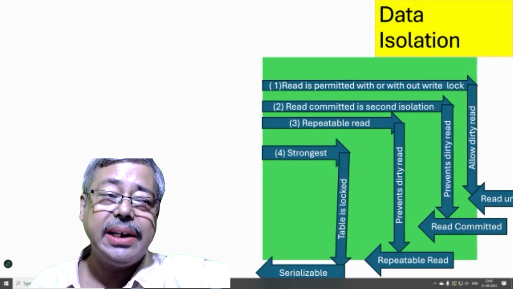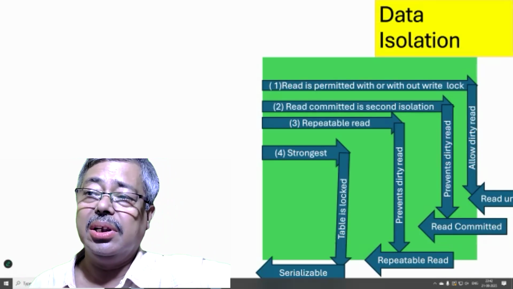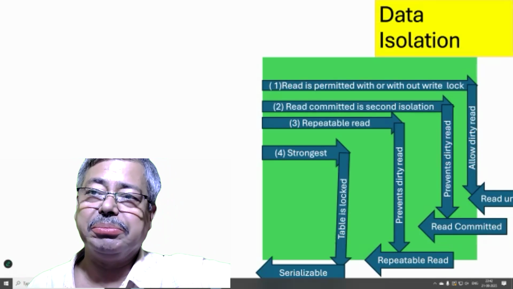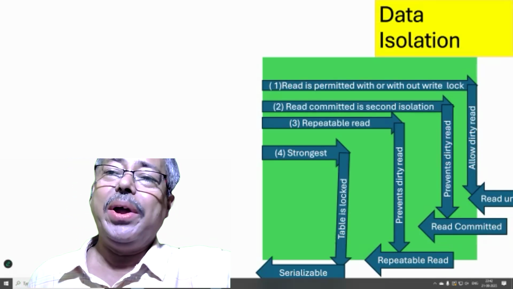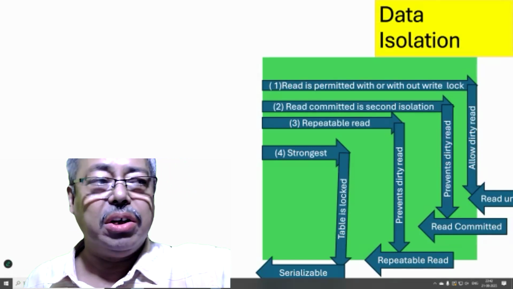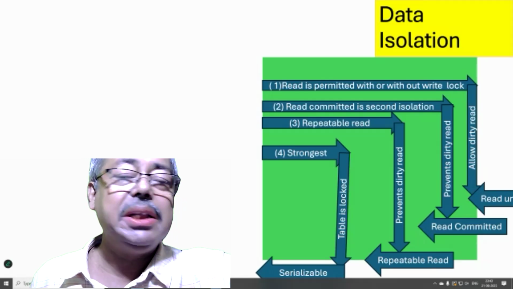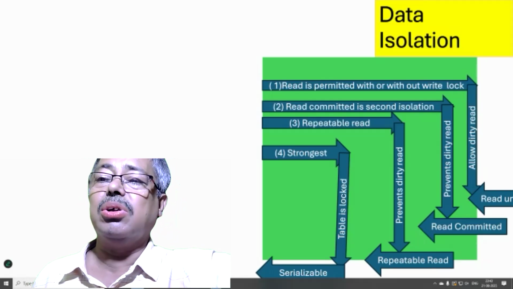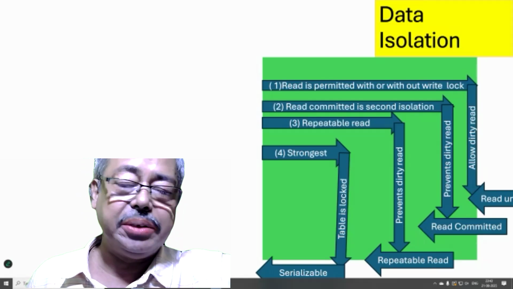Another, the second isolation, is when read is committed after write locking. Another is repeatable read, when the row is locked. And another is the strongest isolation, that is, the total table is locked for consecutive reading.